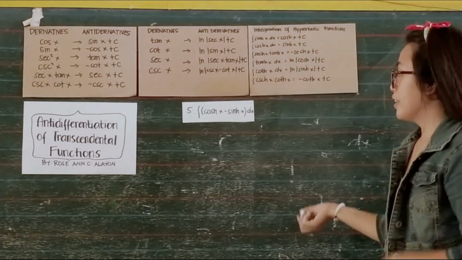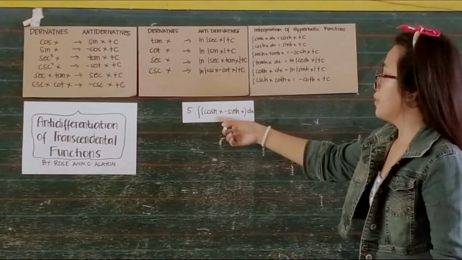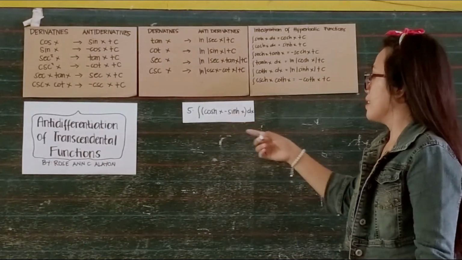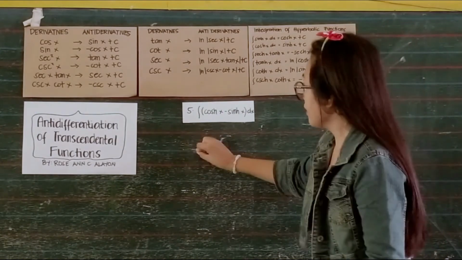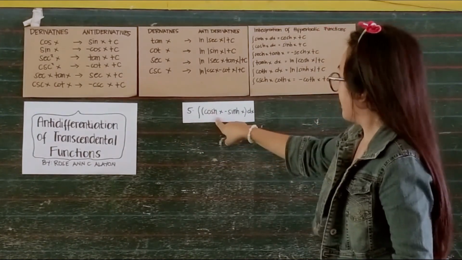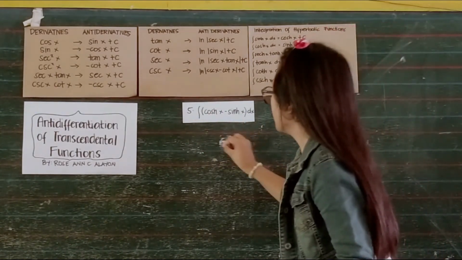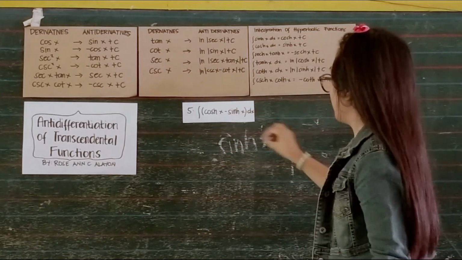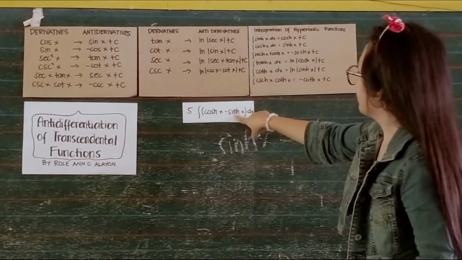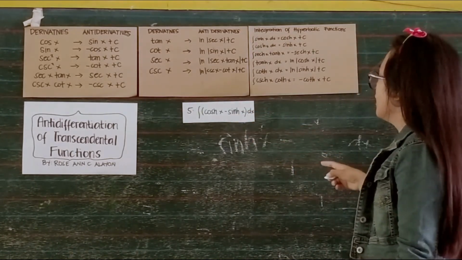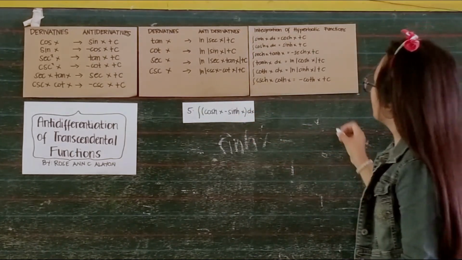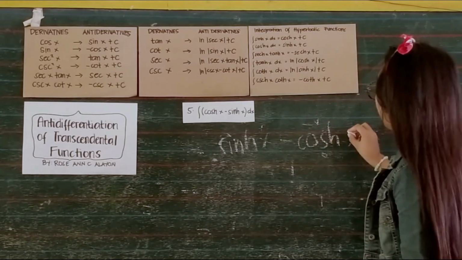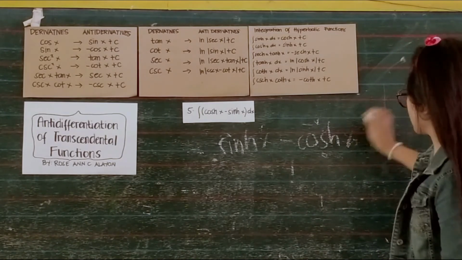5. The antiderivative of the quantity hyperbolic cos x minus hyperbolic sin x dx is equal to hyperbolic sin x minus the antiderivative of hyperbolic sin, which is hyperbolic cos x plus c.